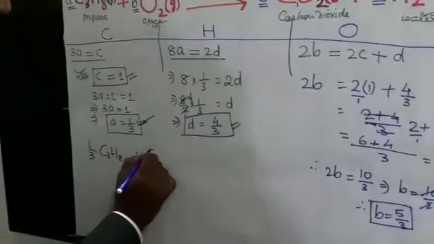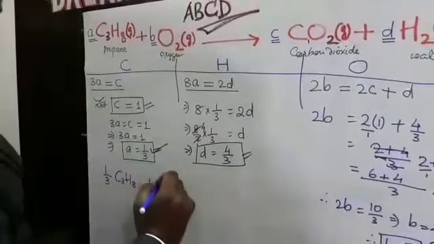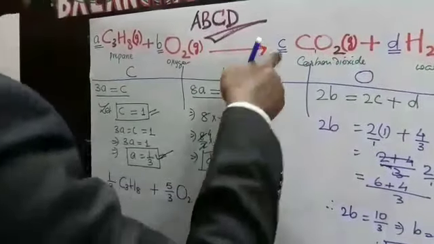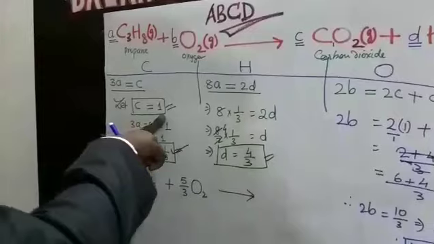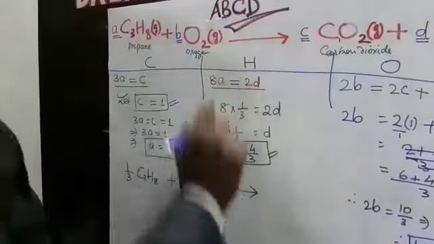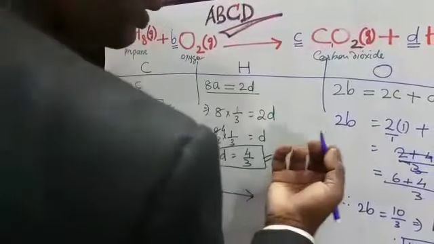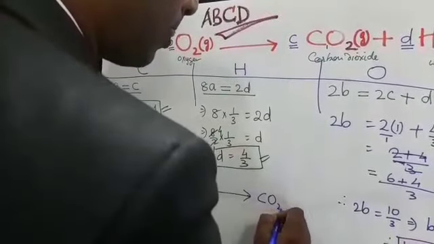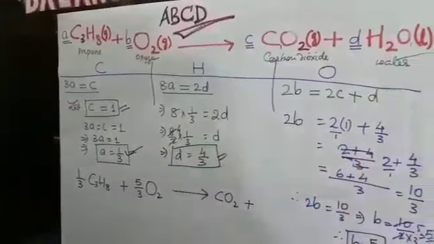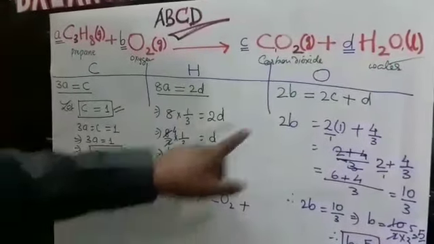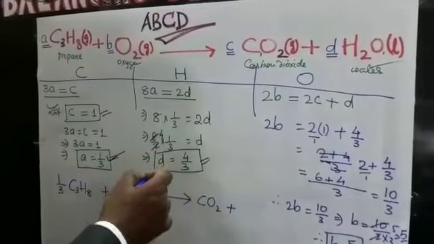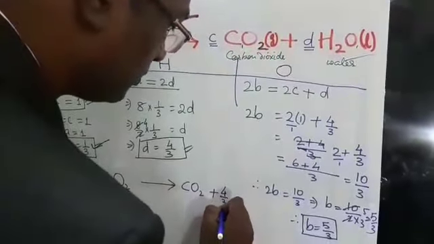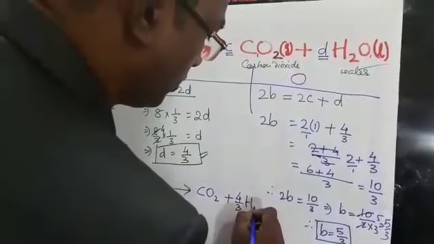So straight we will put B as 5 by 3 O2 arrow C. We have assumed C as 1 initially, so C is 1 here. So 1 means we can ignore and we can write straightway CO2. And then we have found out the value for D as 4 upon 3. Just look here, D equal to 4 upon 3. We'll replace here 4 upon 3 into H2O.